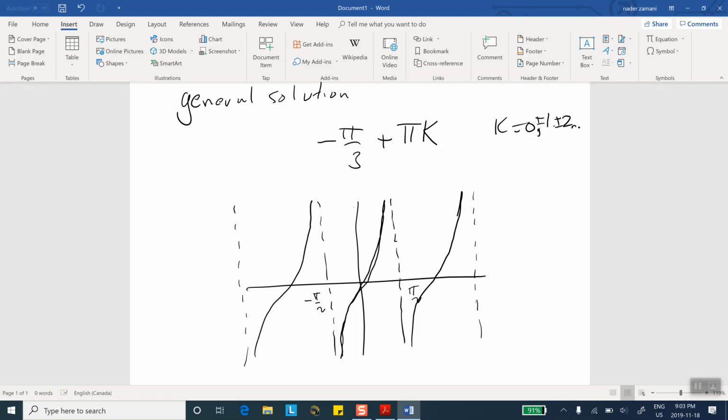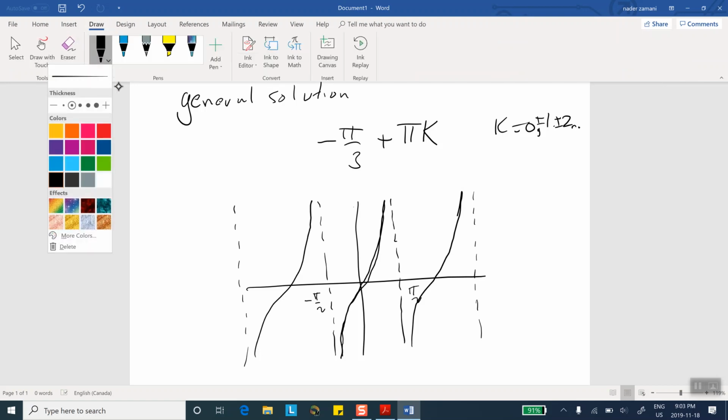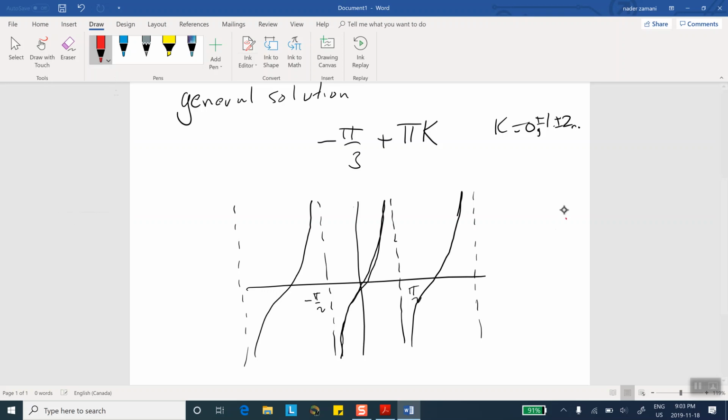Okay, so we were told that tangent is minus root 3, so say it is somewhere down here. So this is minus root 3. What we did is we found this solution, which happens to be minus pi over 3. Now, if you add pi, you're going to get this one, and then the next one, and if you subtract pi, you're going to get this one, and the next one.